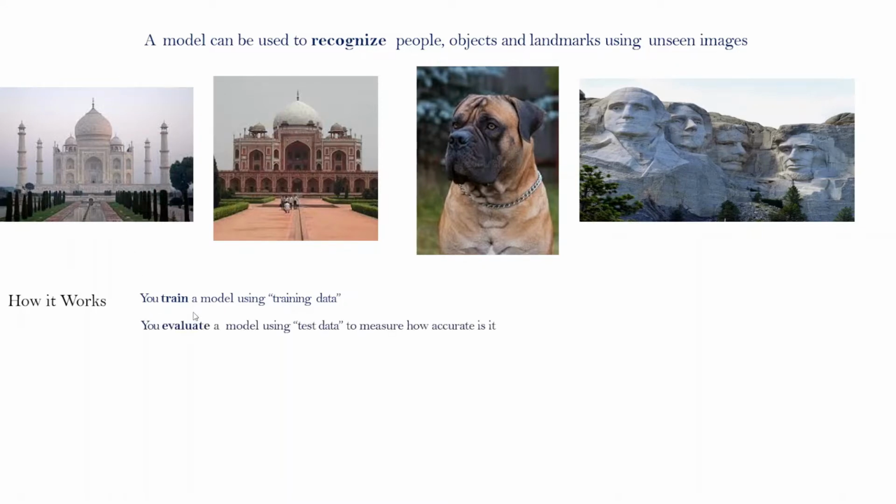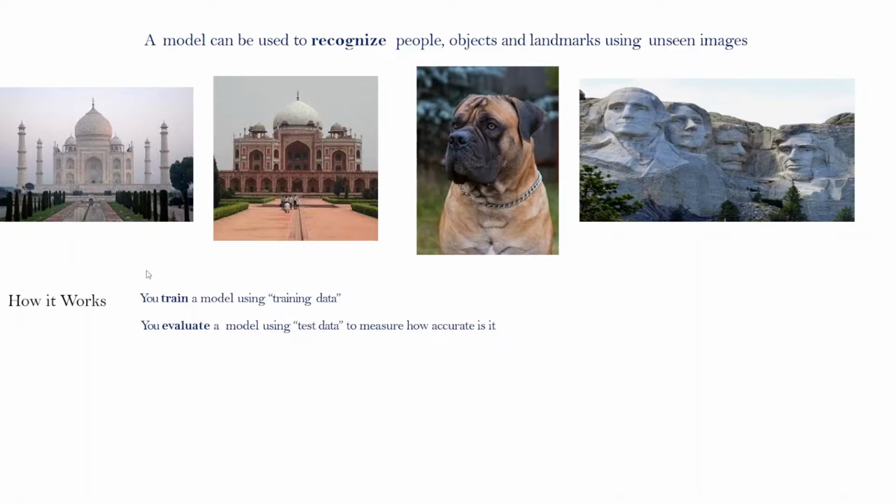Based on that, the model gets trained, and then you need to evaluate. So maybe you give this part in a picture, this part in a picture, a part of the whole picture, and now you are just giving this part.